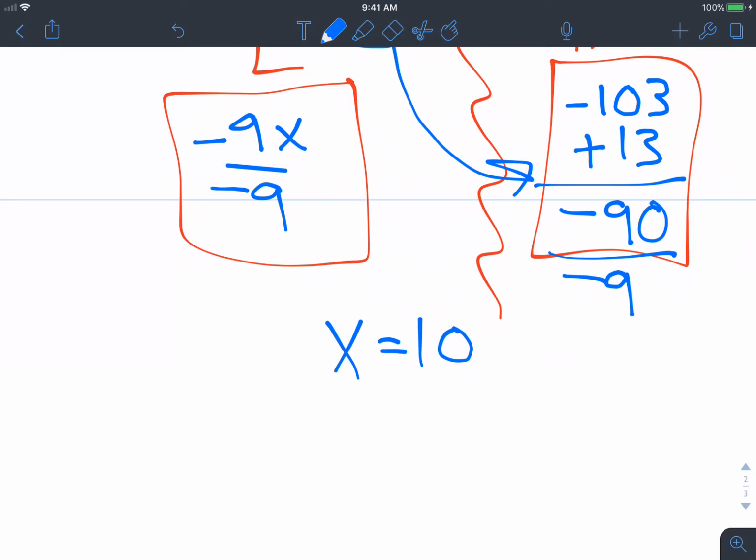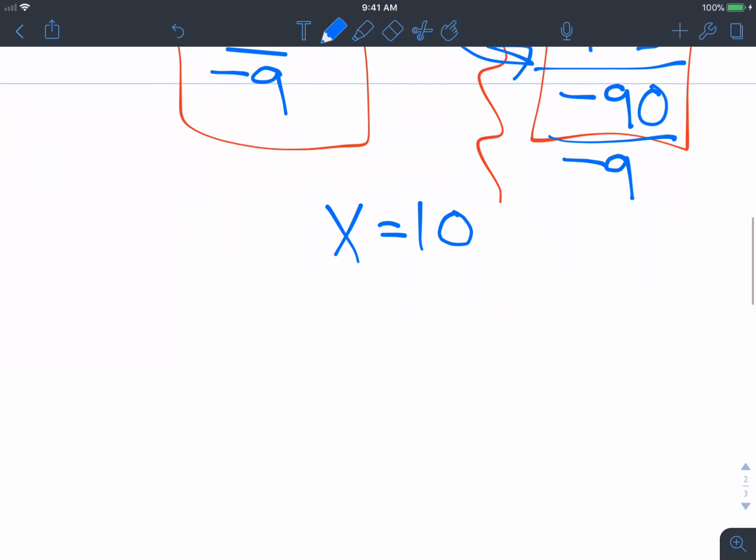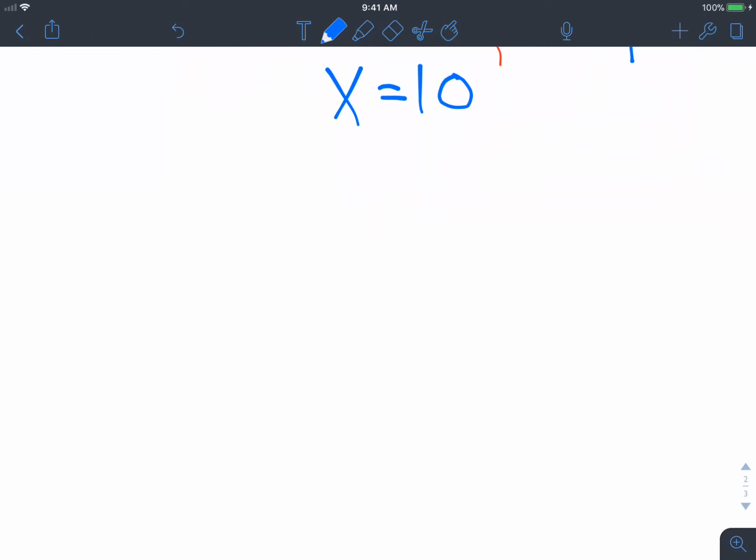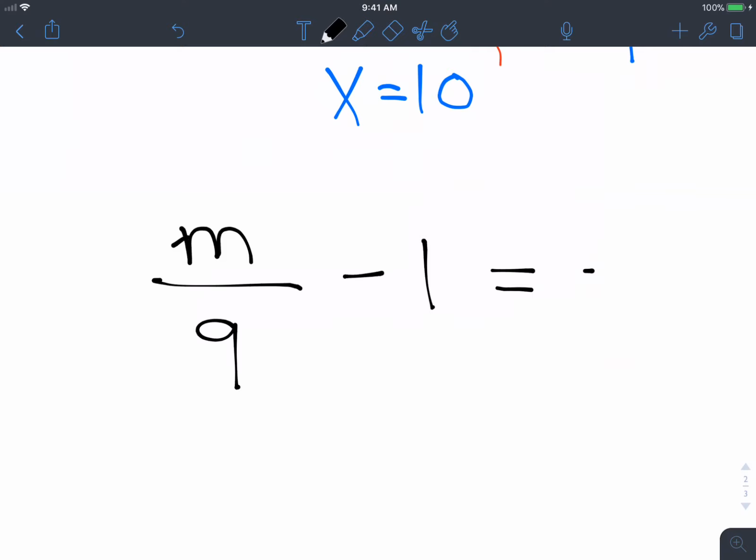Okay, let's take a look at another one. It's going to look a little bit different. So we're going to do m over 9, subtract 1, equals negative 2.